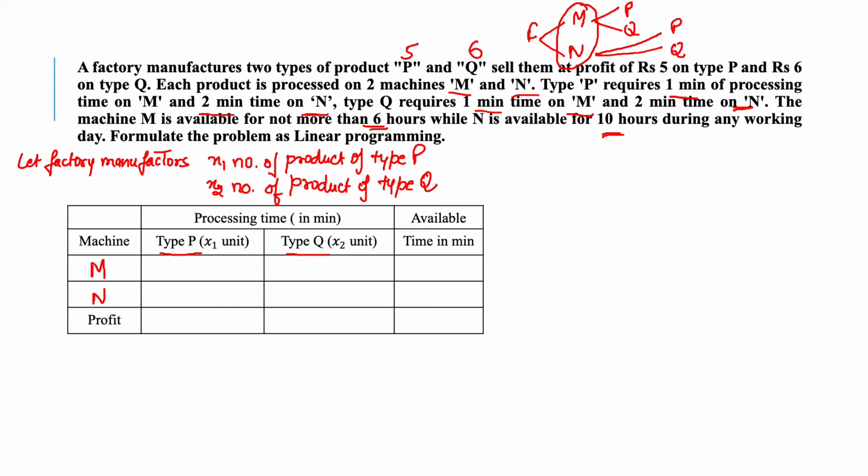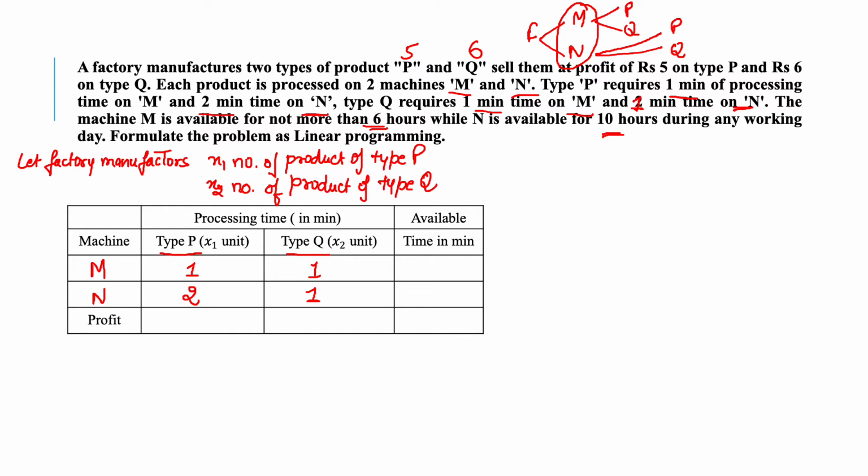From here we can see that type P requires 1 minute of processing time on machine M. We are calculating in terms of machine minutes. On machine N, type P requires 2 minutes. Similarly, type Q requires 1 minute on machine M and 2 minutes on machine N. Sorry, over here it is 1 minute on machine N.